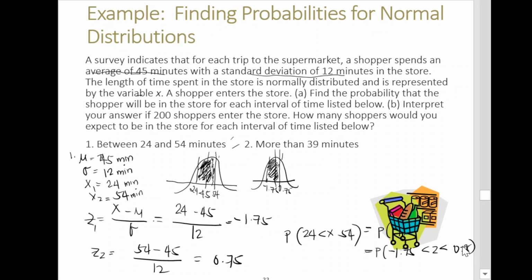So we have to get the area of Z1, 1.75, and the area of Z2. Let's get it from the table.